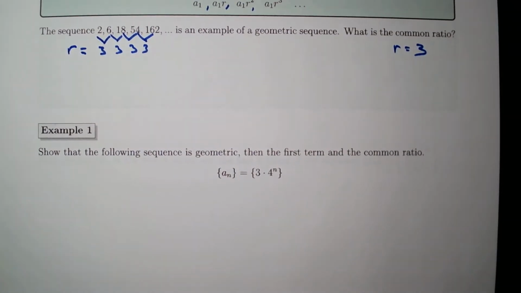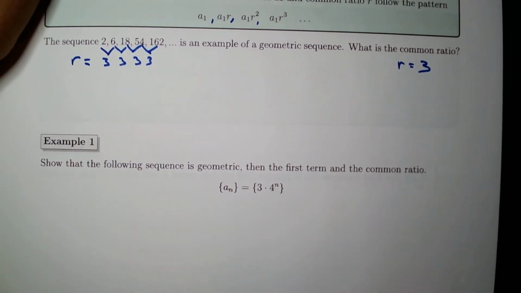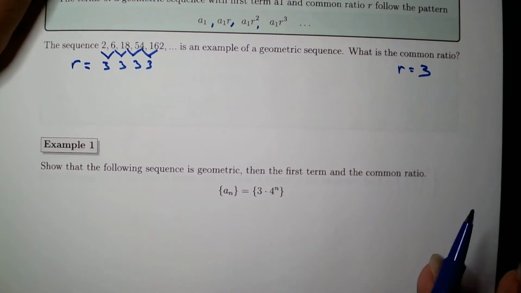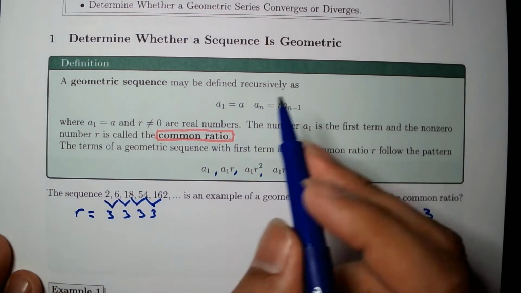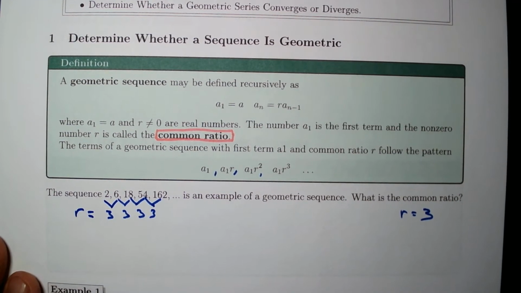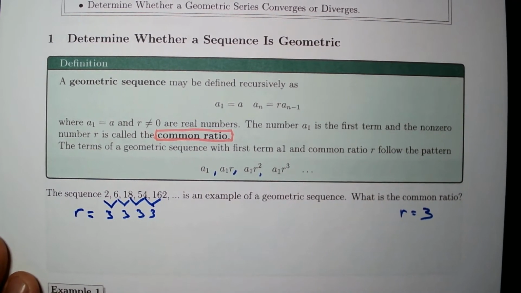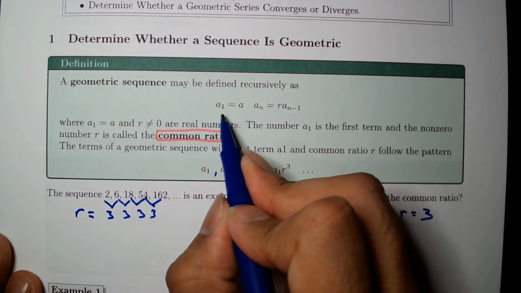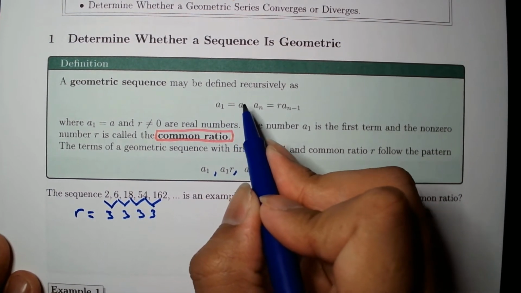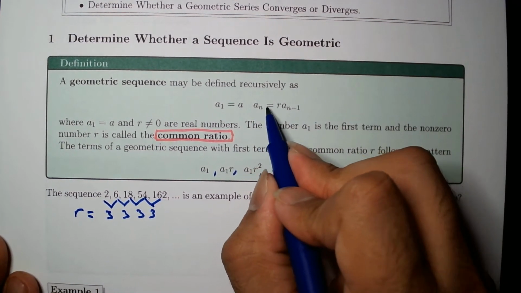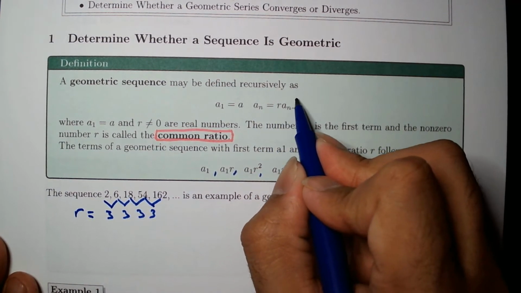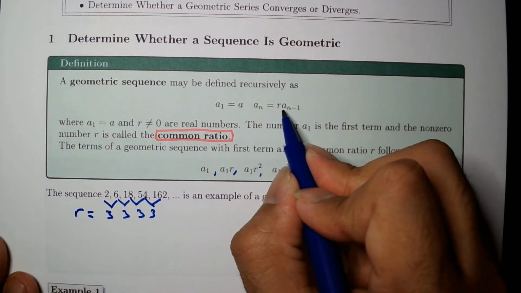So let's do one example in which we are going to show that a given sequence is indeed a geometric sequence, but we need to first define the recursive form of the geometric sequence. Given the first term, some arbitrary number a, the nth term is given by the previous term times the ratio.